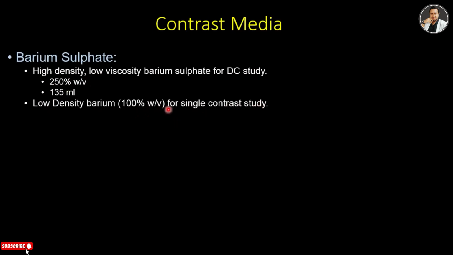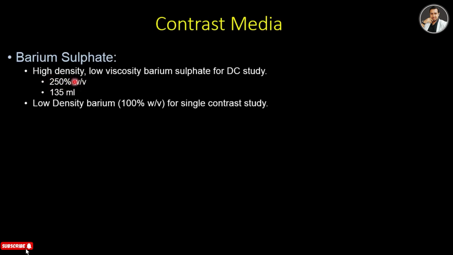So let's discuss weight per volume, what it means. If I take this 250% weight per volume, it means that in this concentration, if the water volume is 100 milliliters, then the barium sulfate will be 250 gram. So 250 gram of barium sulfate will be dissolved in 100 ml water.